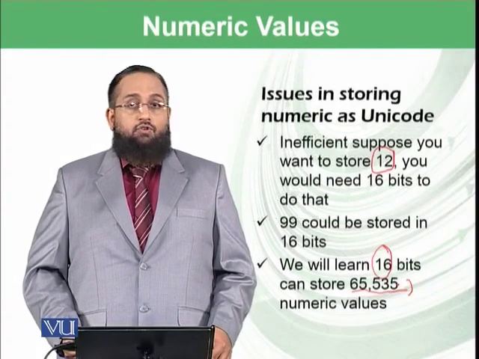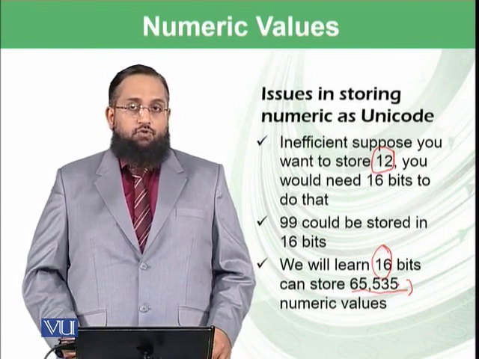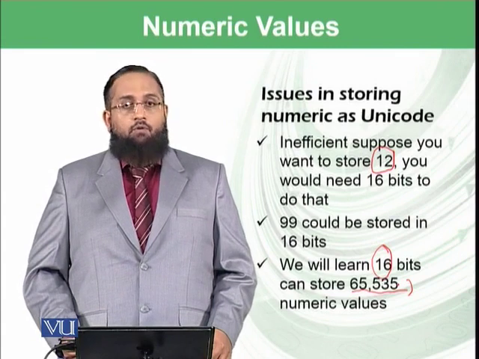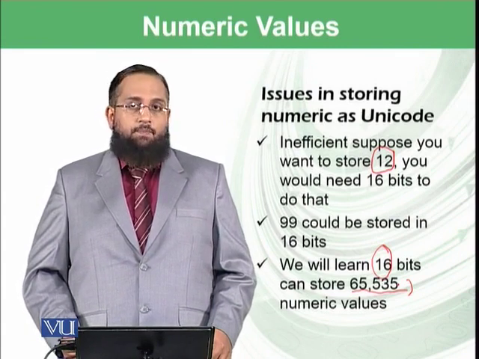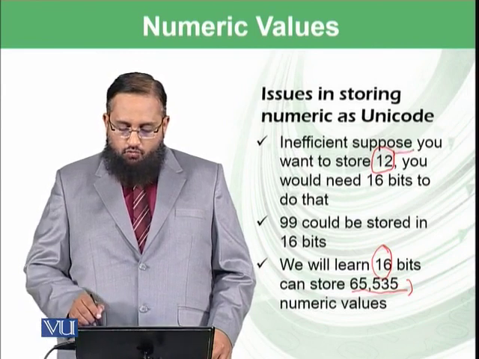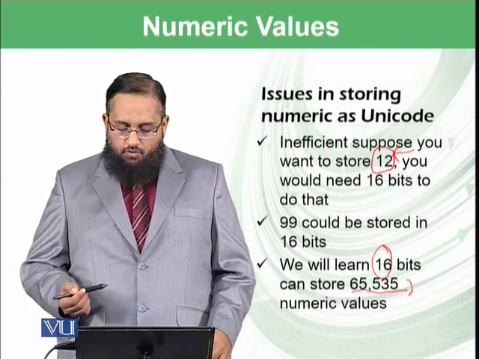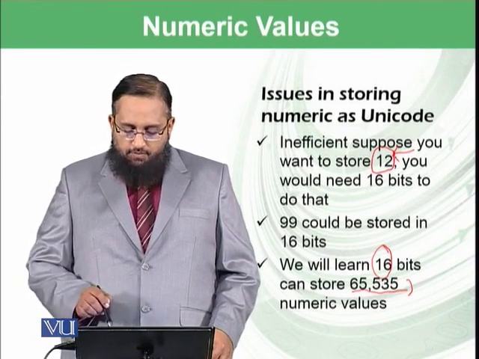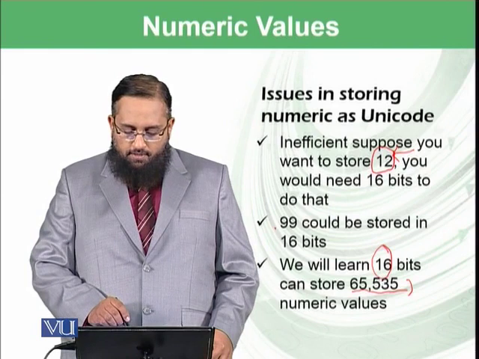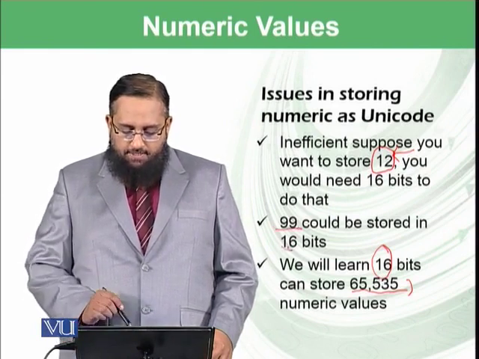If we use only the textual information storage approach here, we would only take 2 bytes to store 2 digits. So this means that we could store 99 in the 16 bits.